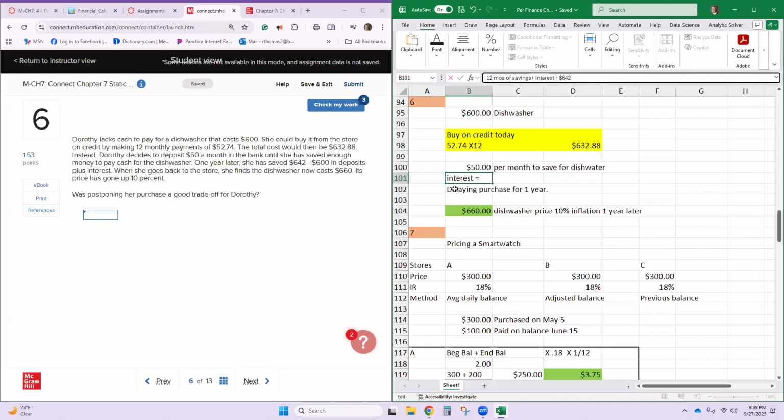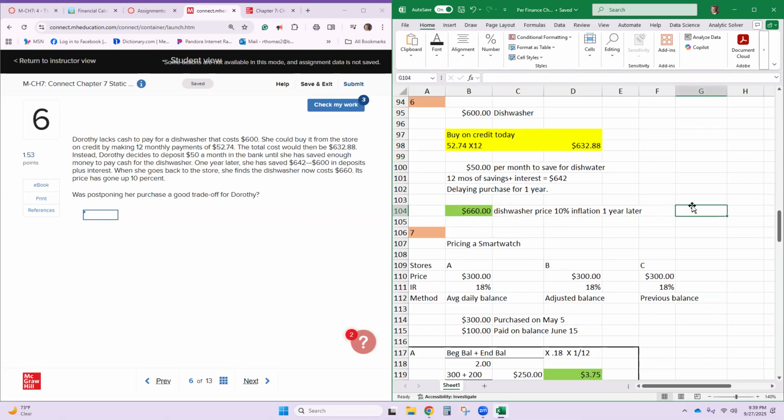Okay. But when she went back to the store, that dishwasher now costs $660. So now she doesn't have enough. It's not quite, so if you take that amount that she saved plus her interest, it's only $18.